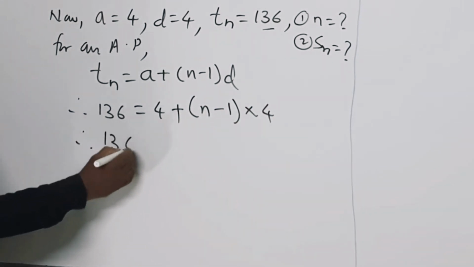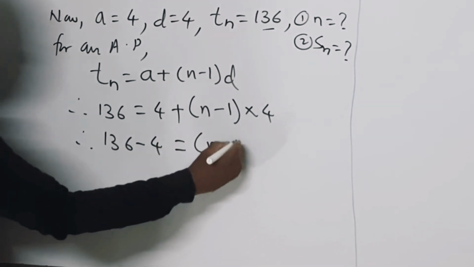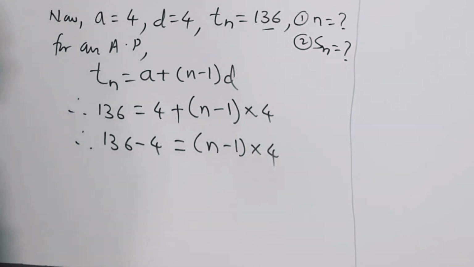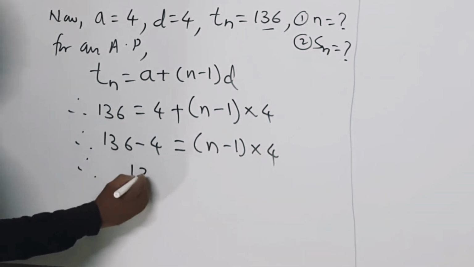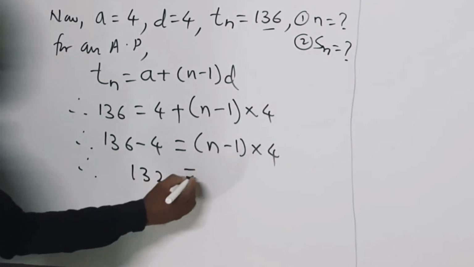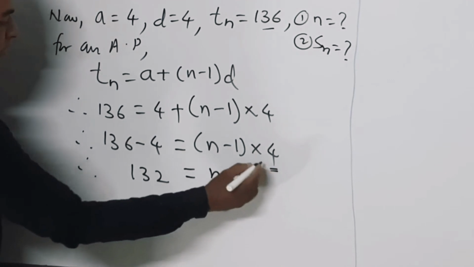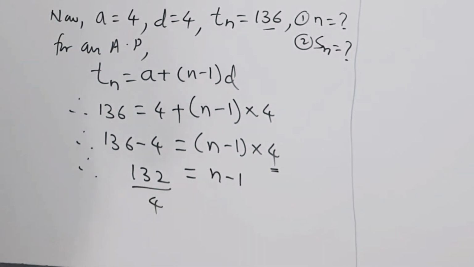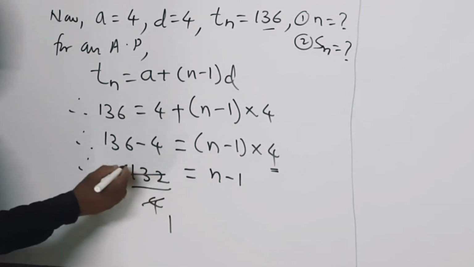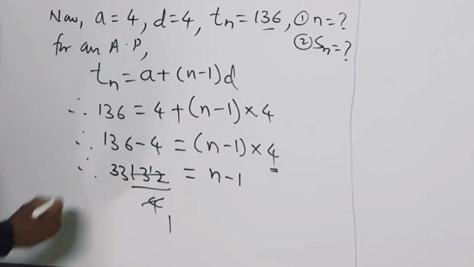Therefore, 136 minus 4 is equal to n minus 1 into 4. Therefore, 136 minus 4 is 132 is equal to n minus 1 into 4. This 4 is multiplication here, it will come on the left hand side, it will get divided. 4 ones are 4, 4 threes are 12, and 4 threes are 12.